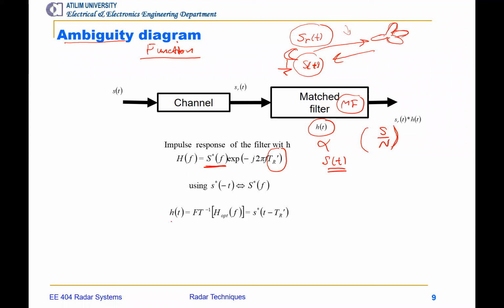The impulse response can then be written as the complex conjugate of the transmitted signal, just shifted by TR prime again.